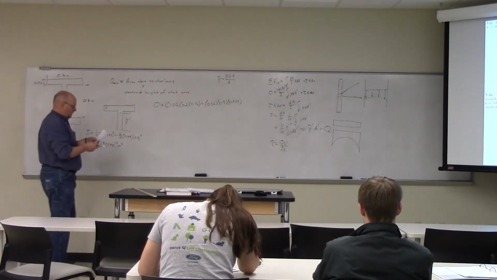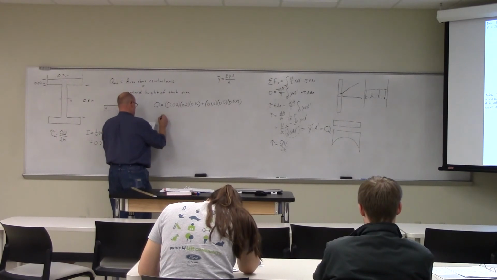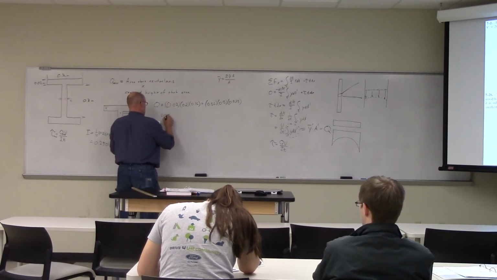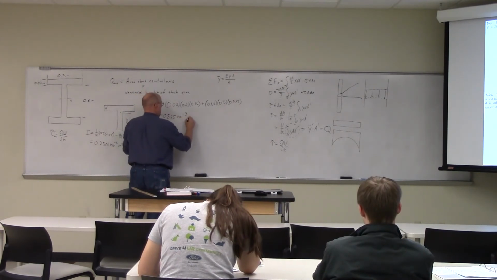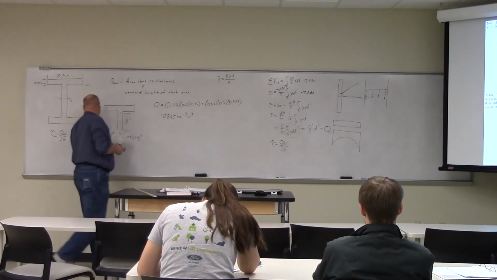Well, we've got Q. Q is therefore 0.865 times 10 to the minus 3 meters cubed.